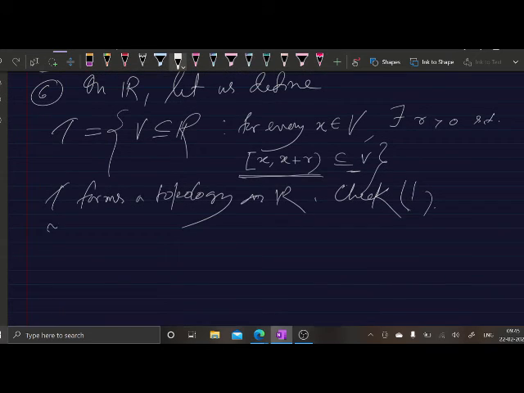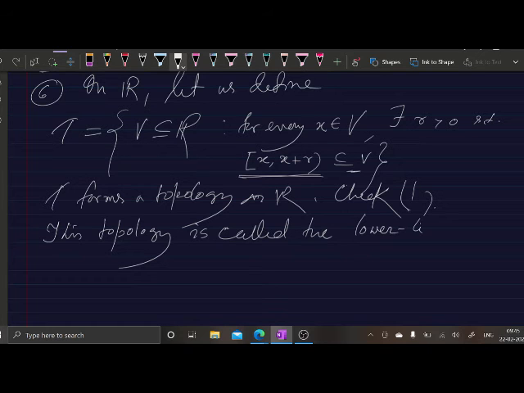This topology is called the lower limit topology on R.